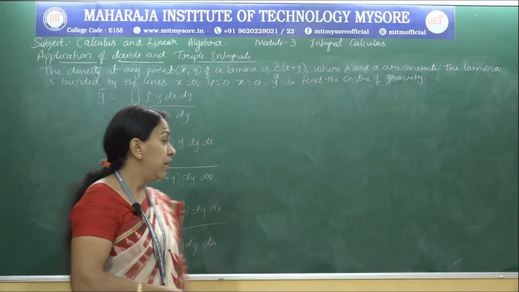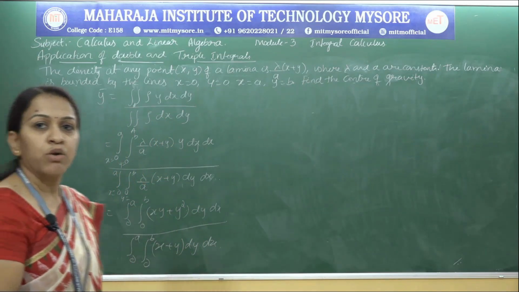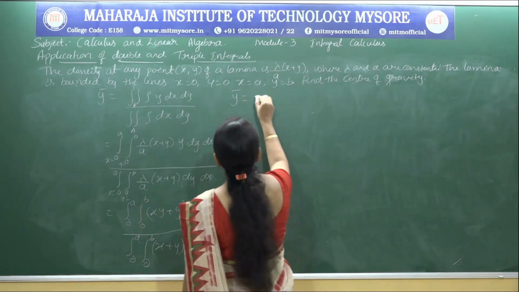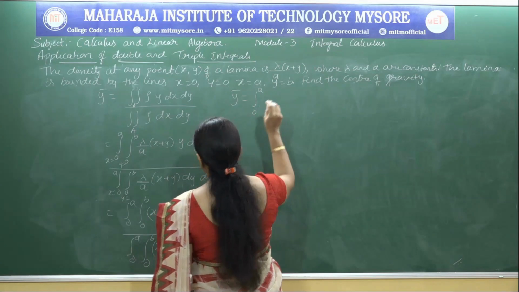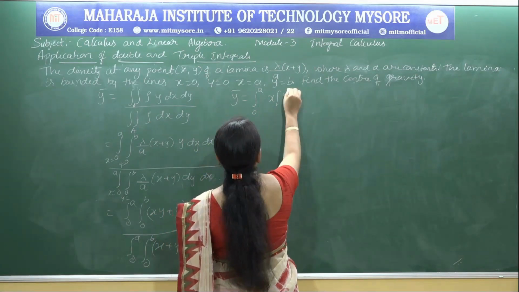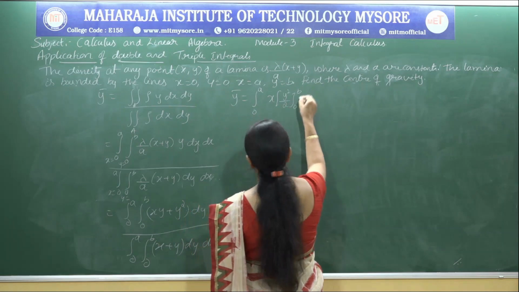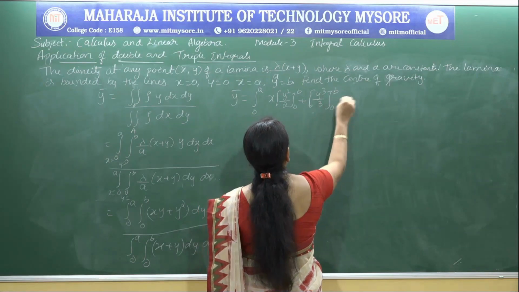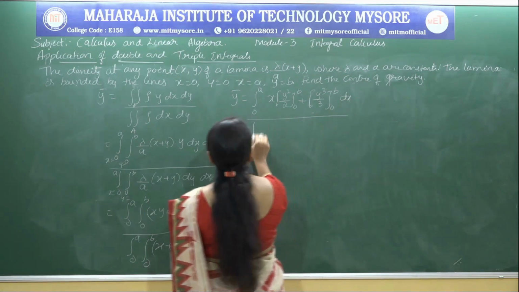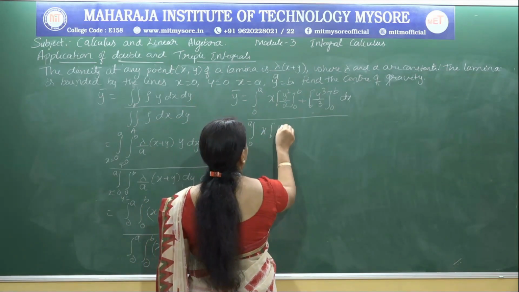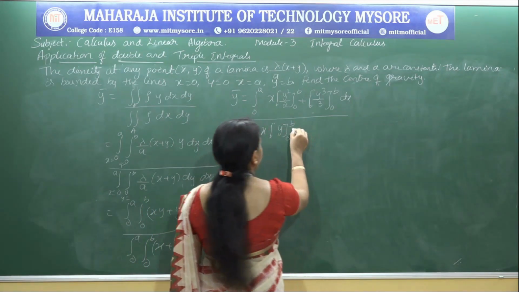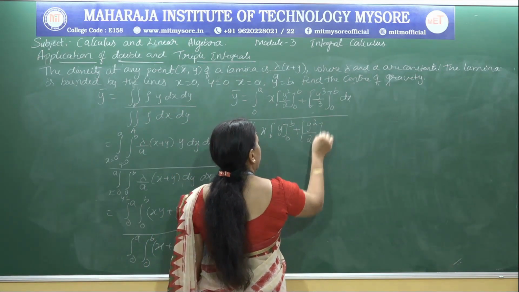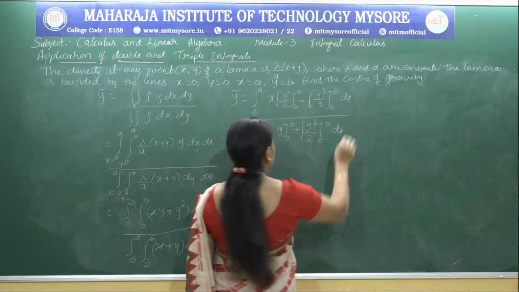Now keeping our x constant, integrate with respect to y, that is y bar is integral 0 to a, x constant, y integration y square by 2 between the limit 0 to b, plus y square integration y cube by 3 between the limit 0 to b, dx, whole divided by integral 0 to a, x constant, dy integration y between the limit 0 to b, plus y integration y square by 2 between the limit 0 to b, into dx.